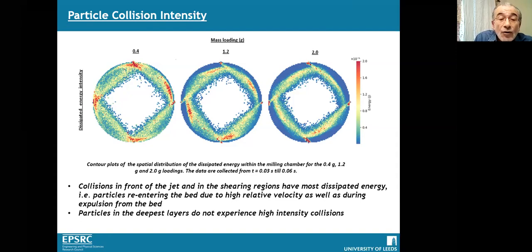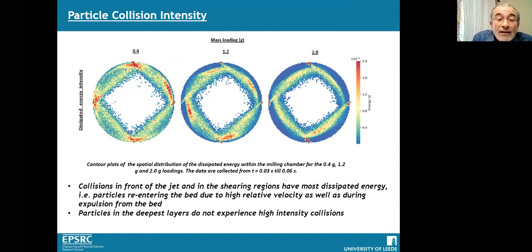So basically, if you, for example, see this jet here, you have a little bit of a red region here showing that, but the particles which have been splashed out land up here. So the collision is in front of the jet. That's one of the jets, and that's where the collision is. The same applies here. Particles which are ejected by the jet here land up in here, pile up in front of this jet, and that's where you get the largest collision energy.